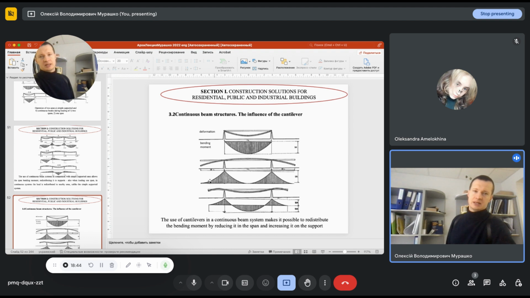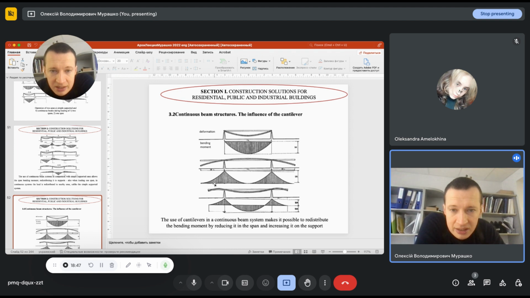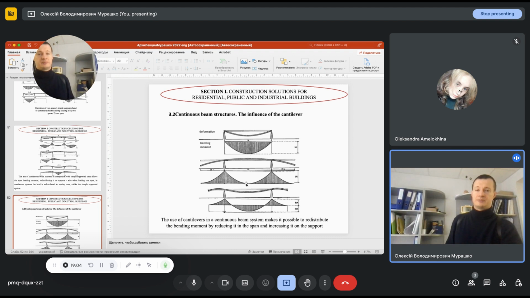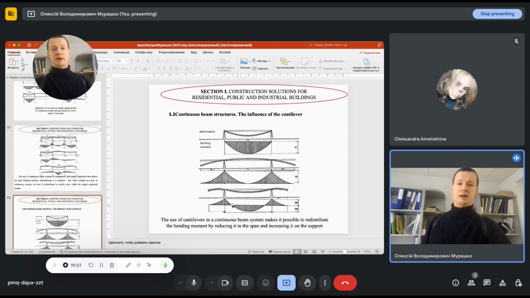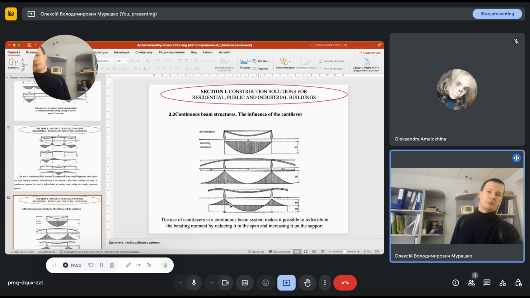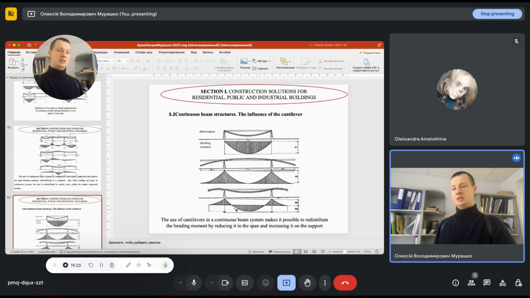But when we add a cantilever with a span of half of the working span, we will get these moments at the support and zero moment in the central part of the beam. And when we take cantilevers with a span of one third of the working span, so 33% of this span, we will get equal moments at the support and in the span.